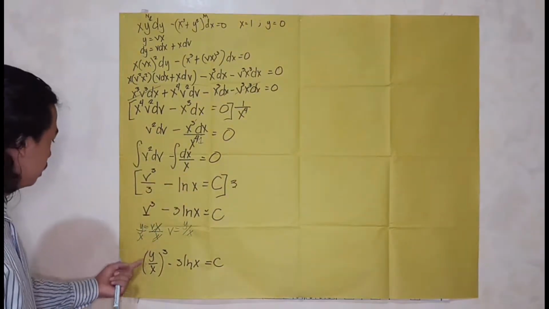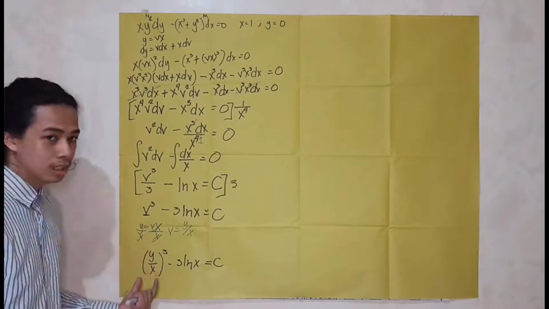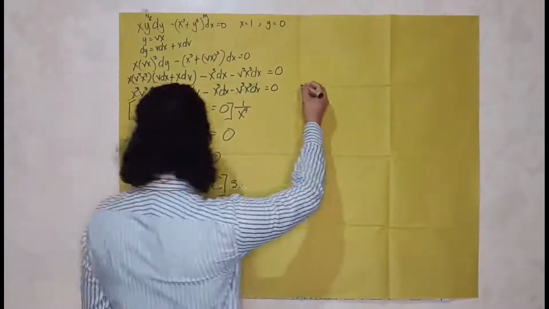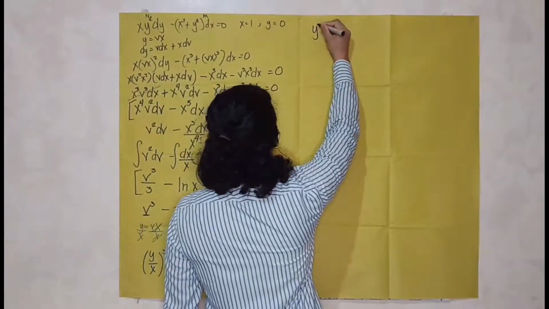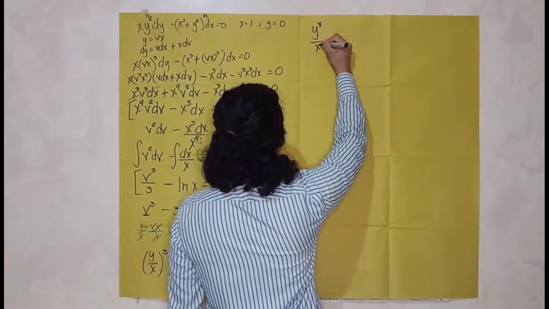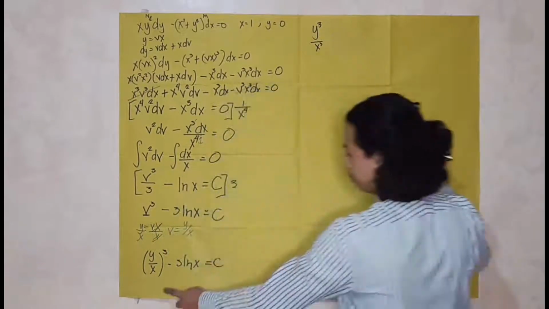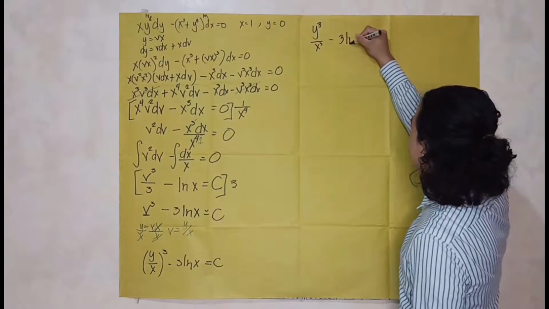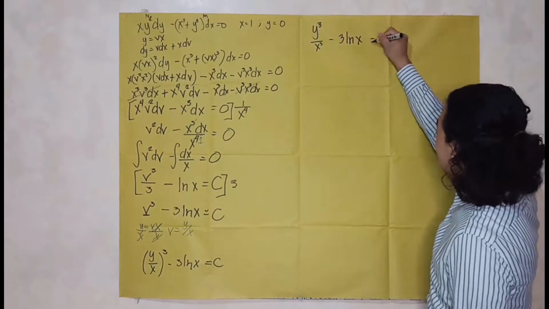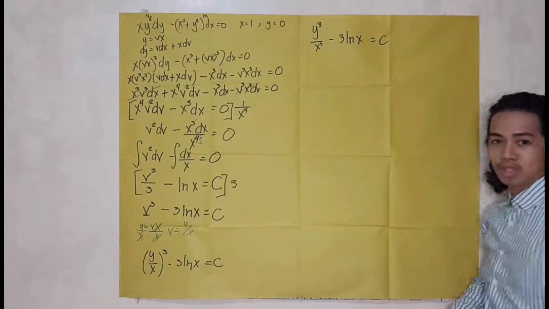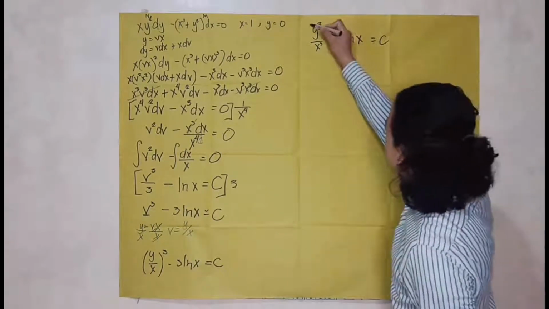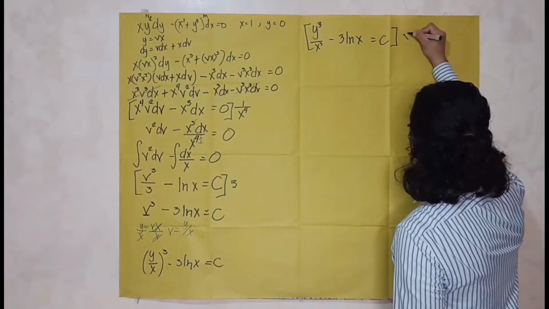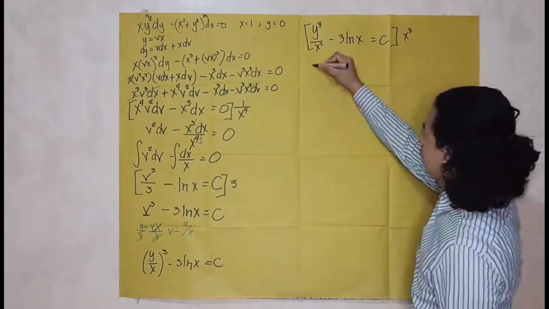Then, i-cube na natin siya. So, magkakaroon siya ng y cube over x cube minus 3 ln x is equals to c. So, simplifying this, multiply both sides by x cube.